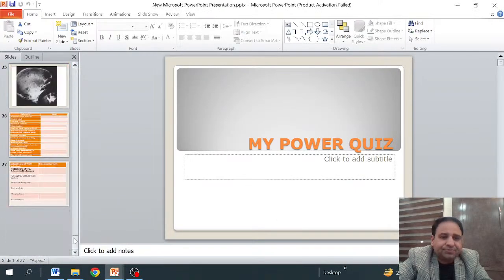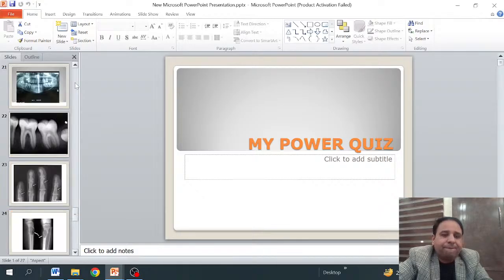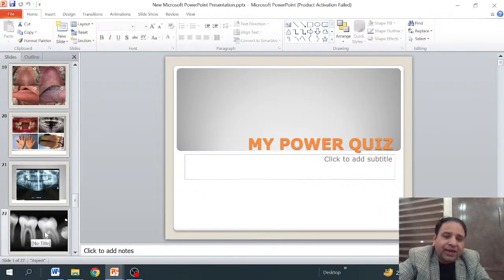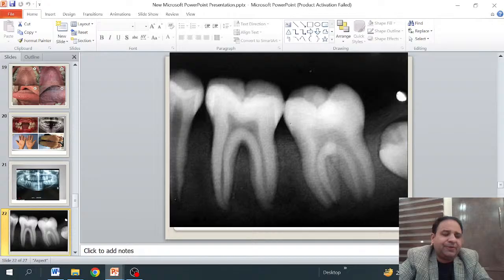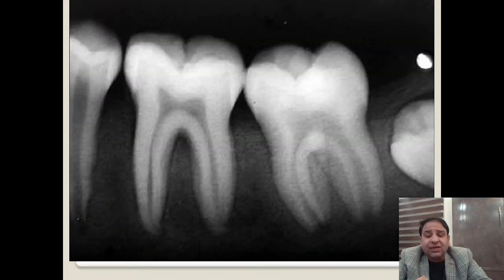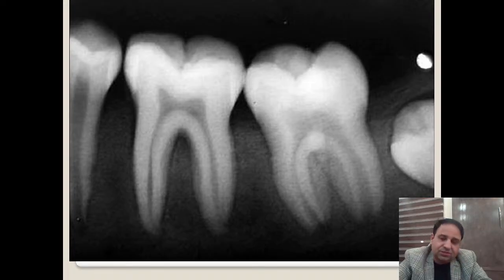And I will ask you only what comes to your mind when you see these pictures. Now students, the images which I am going to show you today, you have seen these images many times in my revision classes. In my classes I have shown you these images.